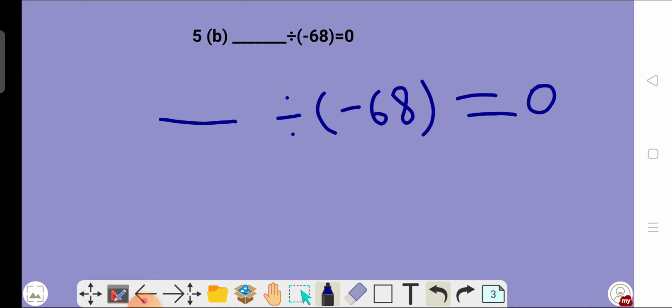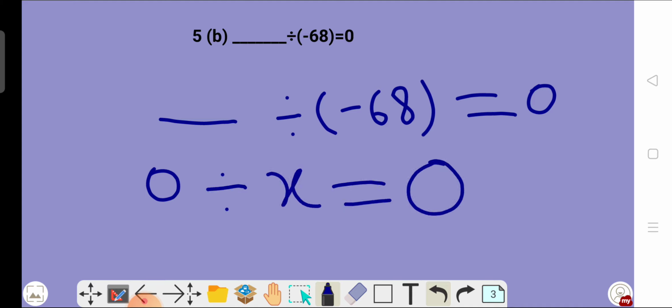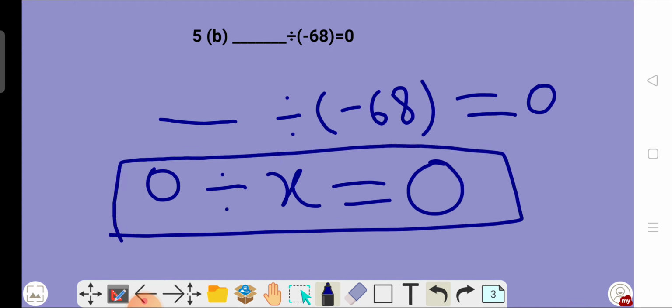I have explained in the previous video, whenever you divide 0 by any integer, the resultant is 0. Okay. So here our resultant is 0 and division by an integer is given.